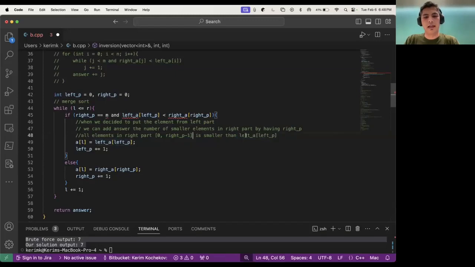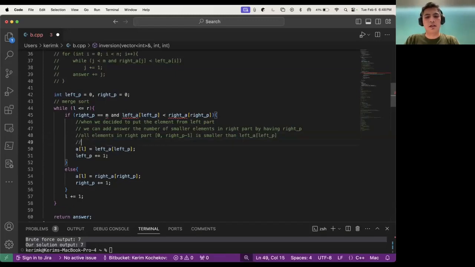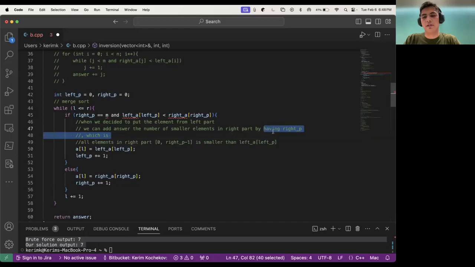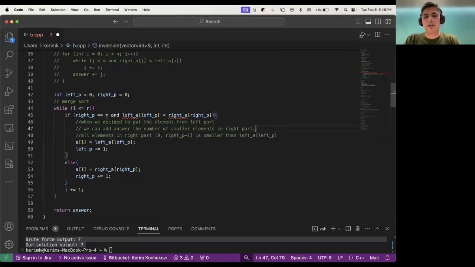So we can directly add to the answer the number of smaller elements, which is, actually, I wrote here, right P. So we just add to the answer this element.